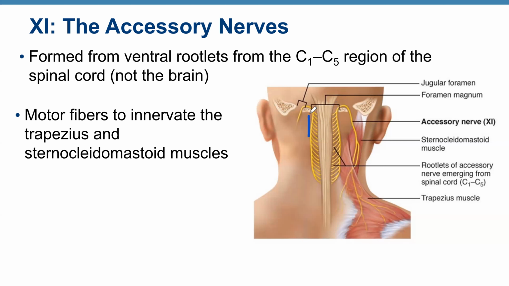So now they're thinking, should we still consider it to be a cranial nerve or spinal nerve? But for us, it's still cranial nerve number 11. And it has motor fibers that innervate 2 muscles only, your trapezius muscle on the back and sternocleidomastoid.